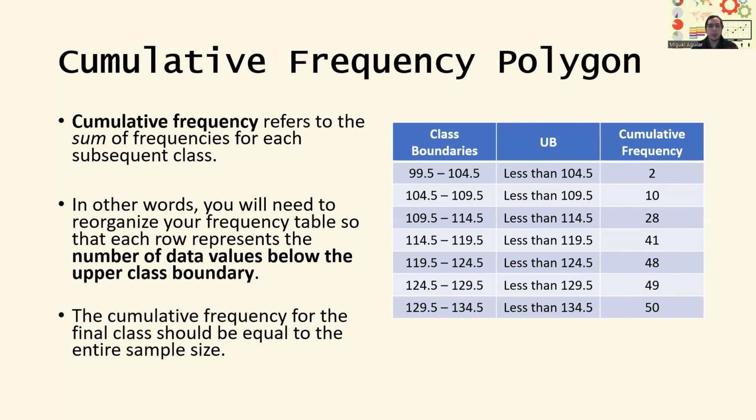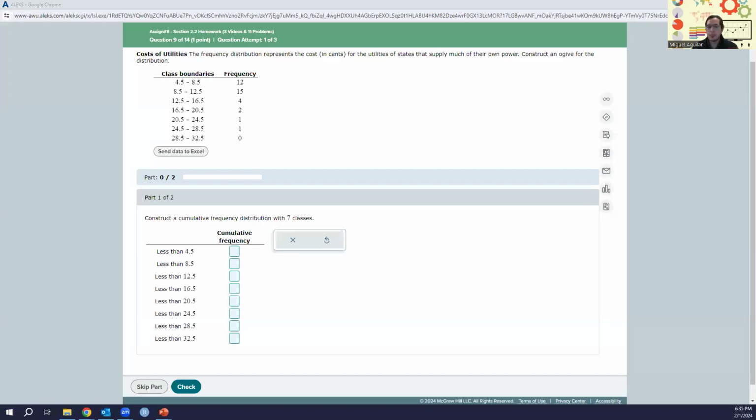So let's go ahead and jump into the homework platform and take a look at a sample problem. Okay, get ready. All right, so this problem says we have the cost of utilities. The frequency distribution represents the cost in cents for the utilities of states that supply much of their own power.